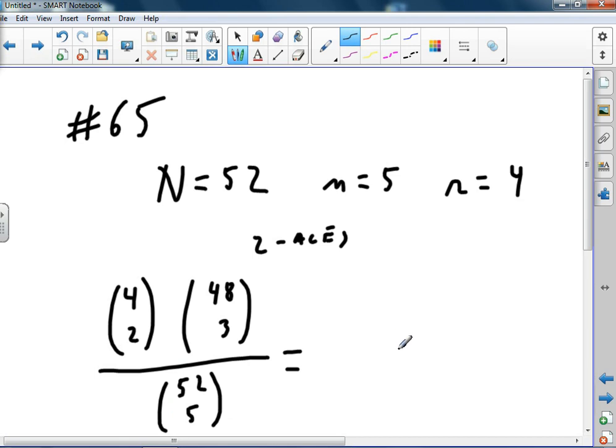Okay, so we use our calculator. 4 things taken 2 at a time times 48 things taken 3 at a time divided by 52 things taken 5 at a time. 0.03993 is the probability of getting 2 aces, and that's why if you have 2 aces in a 5-card game, you go and bet everything because no one's going to beat you, right? Most of the time, 2 aces will win.